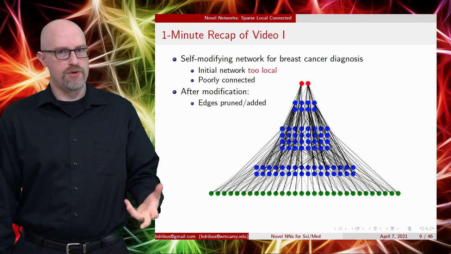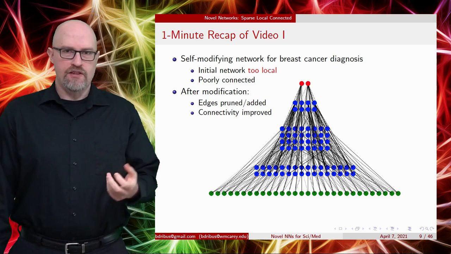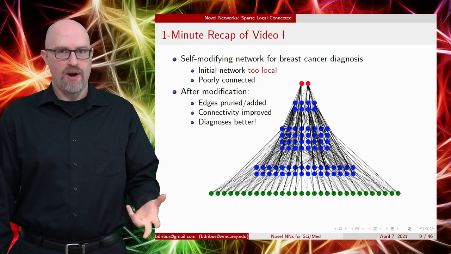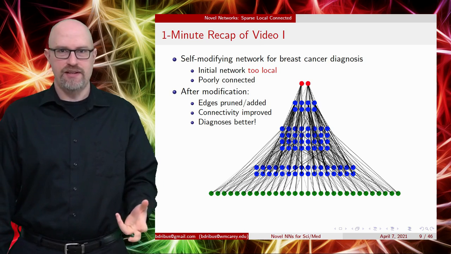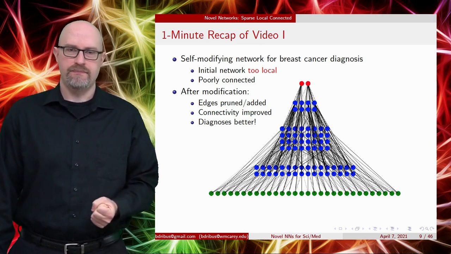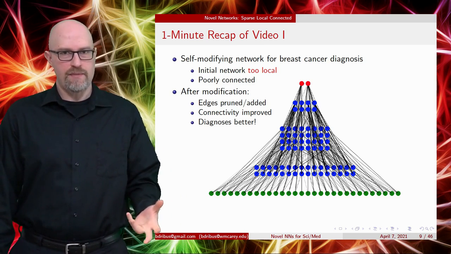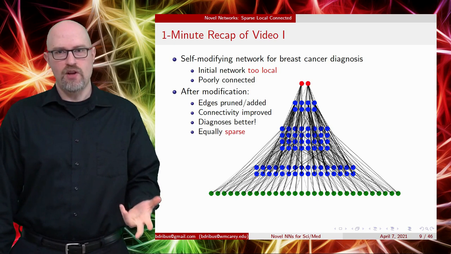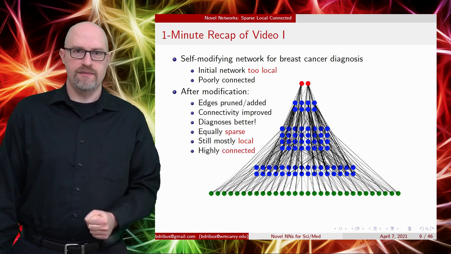The connectivity improved to 100%, and the resulting network diagnosed more accurately than a conventionally trained network with the original structure. This provided an initial demonstration of novel, sparse, local connected network architecture.